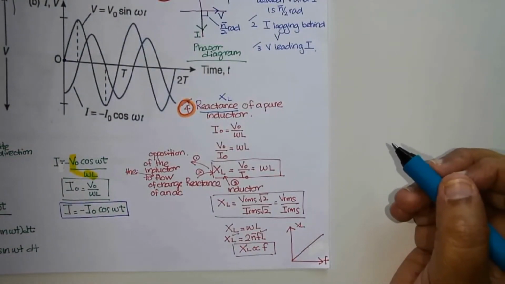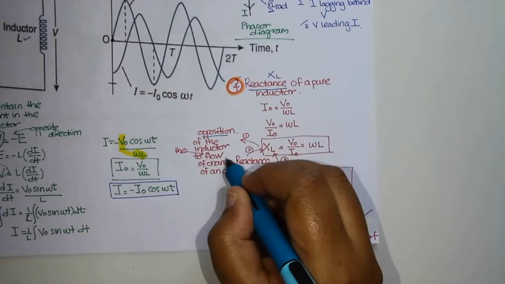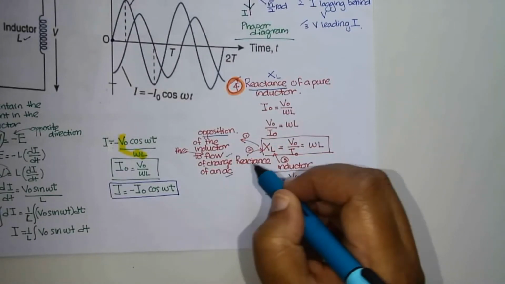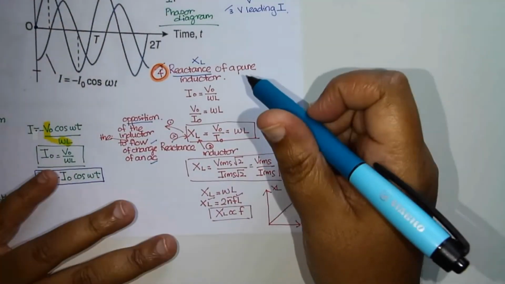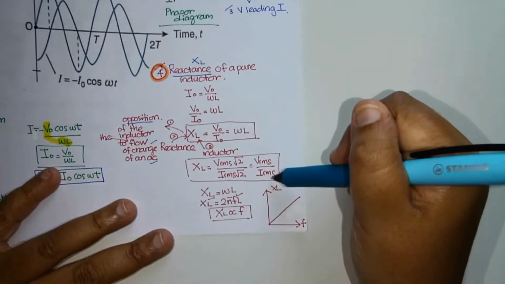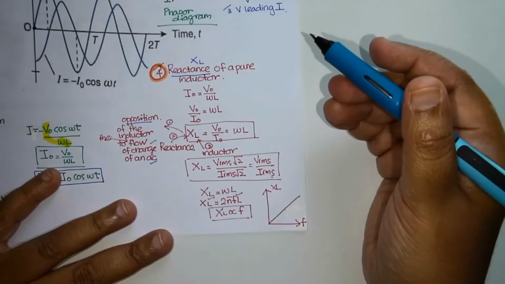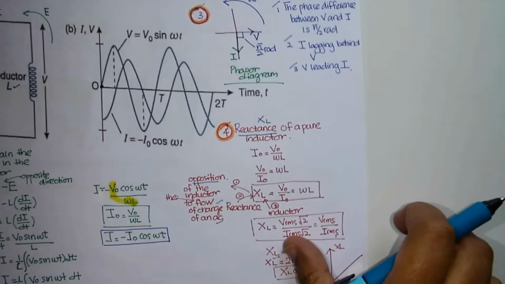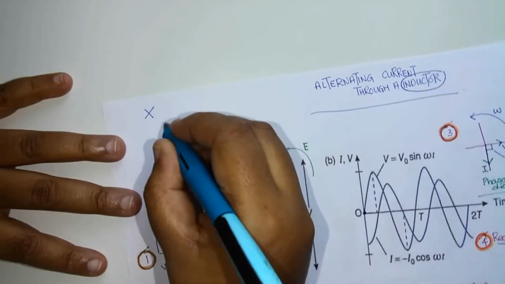So what is reactance, class? Reactance is the opposition of the inductor to the flow of an alternating current, and the formula is V naught over I naught, or VRMS over IRMS, or omega L. So just to summarize, what is the reactance of an inductor?